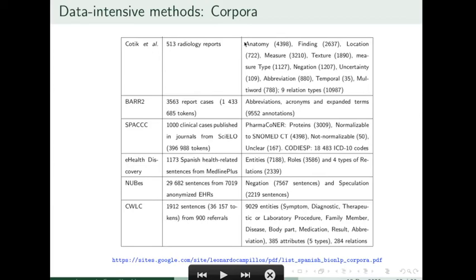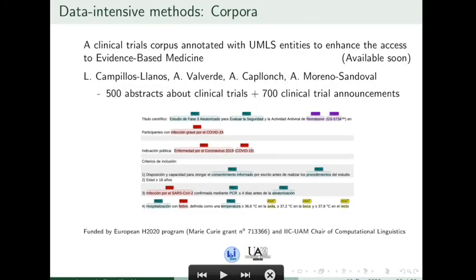Likewise, the annotations differ, and some corpora annotate anatomic entities, pathologic conditions, but others even annotate abbreviations and acronyms, and negation and speculation. I will finally introduce a corpus that we have annotated in a recent project, which includes journal abstracts and clinical trial announcements. This corpus includes annotations of UMLS entities and will be available soon.